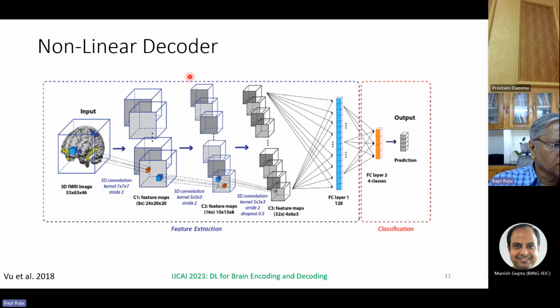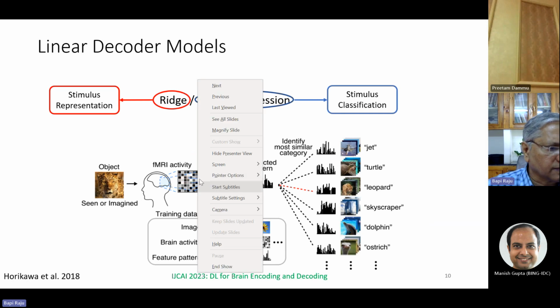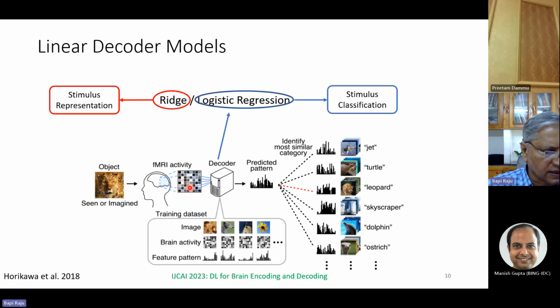People have also used a selection schema for selecting voxels. For example, one schema that is used is how predictive the activations are: which of the 1 lakh voxels that are active are more highly related to the target concepts or words. You select a subset of them as a feature vector, a brain activity vector consisting of activations of voxels.